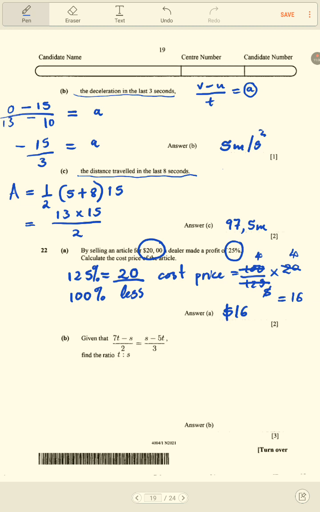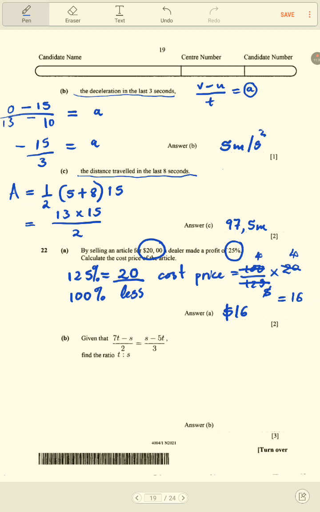And part B says, given that 7t minus s all over 2 is equal to s minus 5t all over 3, find the ratio t to s. So we just want to express t in terms of s.